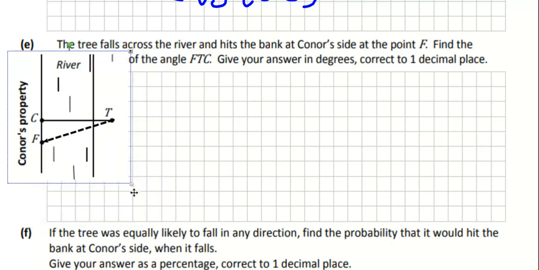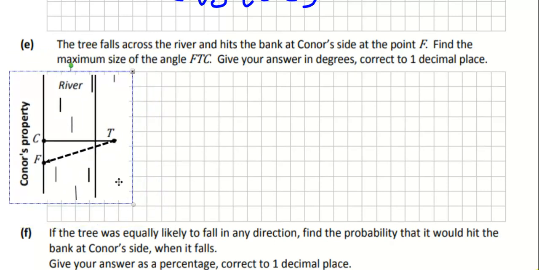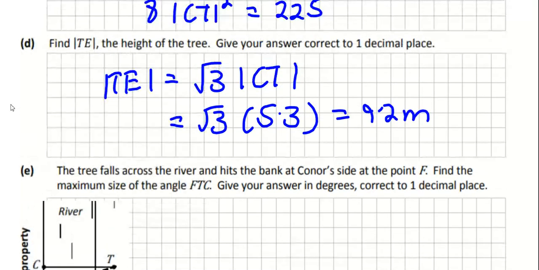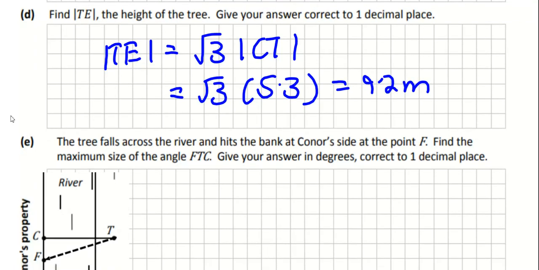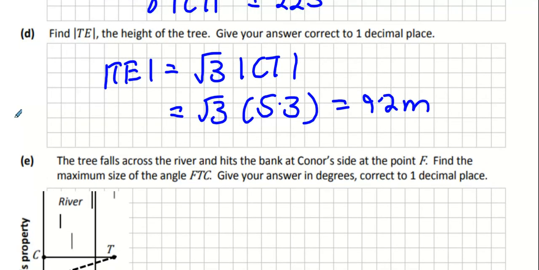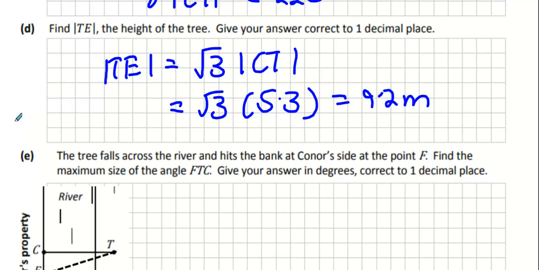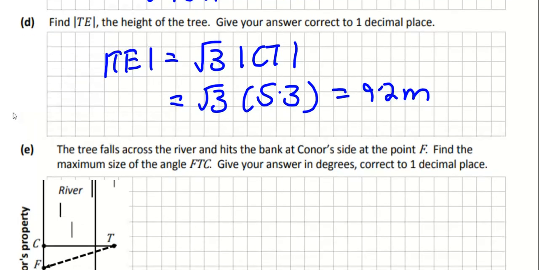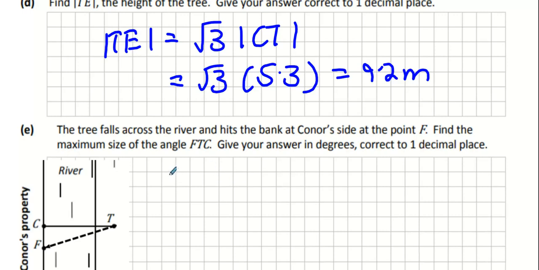Okay, we have our triangle FTC. Now, what do we know about T to C? Because the tree falls across and hits the bank at the point F, we're going to assume that TF has to be the same length as TE, because at the end of the day, it's the tree that's falling over.